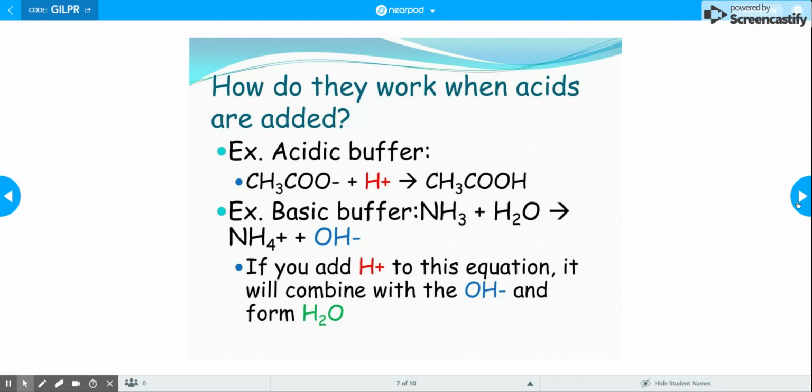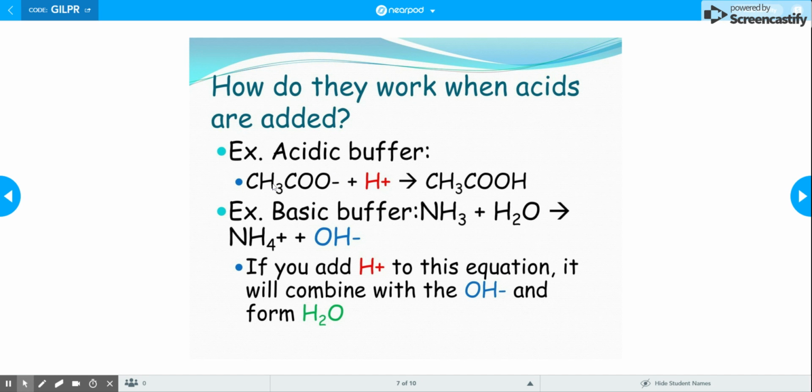Then how do they work when acids are added in an acidic buffer? Here's our hydrogen ion being given off from whatever acid it is, HCl, HNO3, doesn't really matter. And what it's doing is it's combining with the conjugate base here.